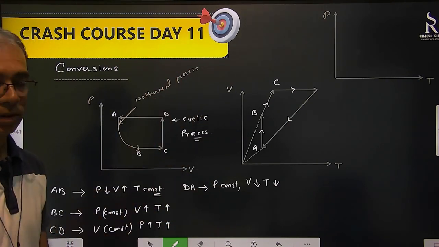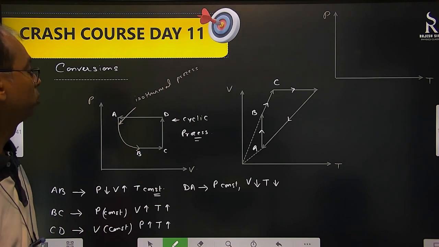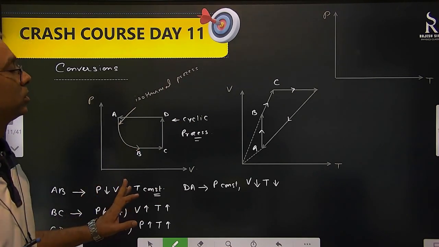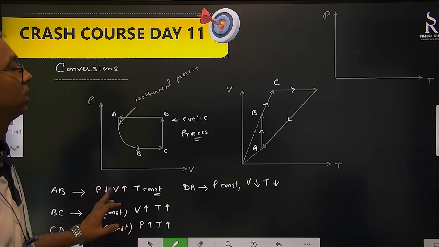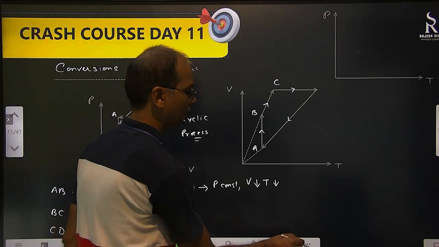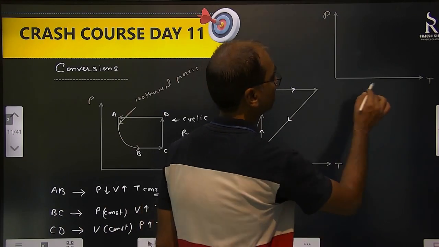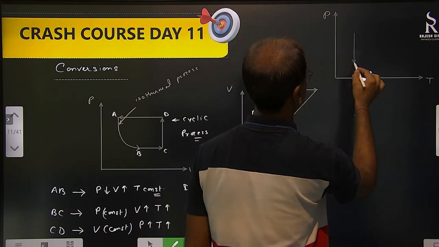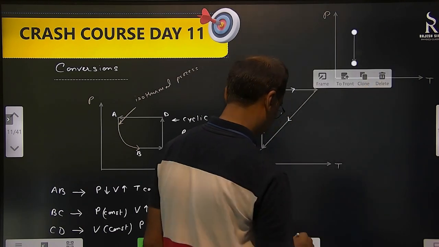The PT graph is left. Again, let's go to the PT graph. AB process: temperature is constant, pressure is decreasing. Temperature constant, pressure decreasing. It's like this. That's AB for you.